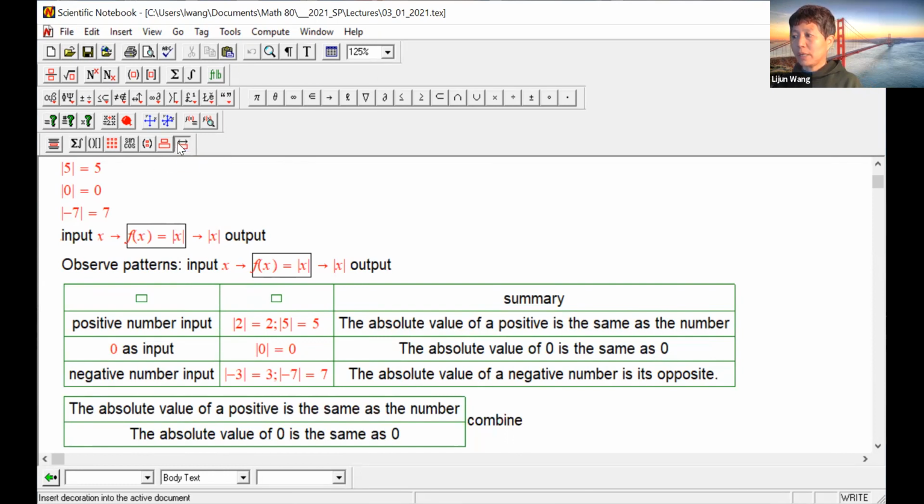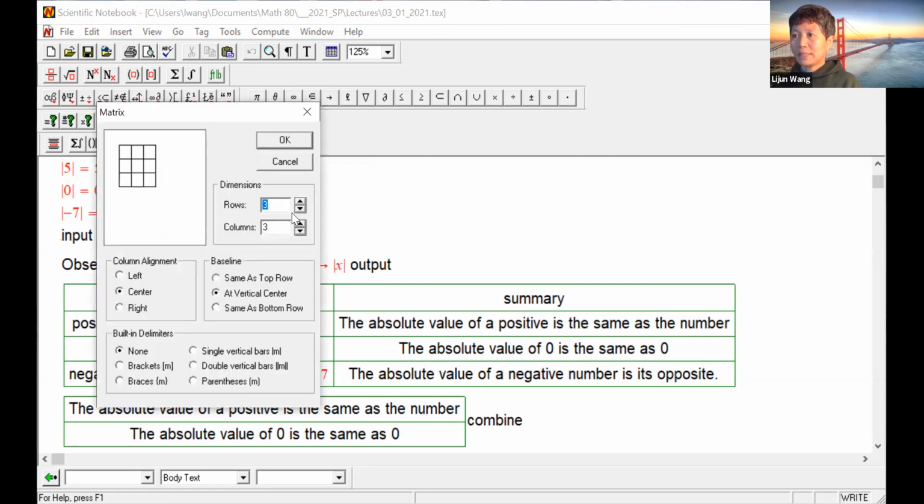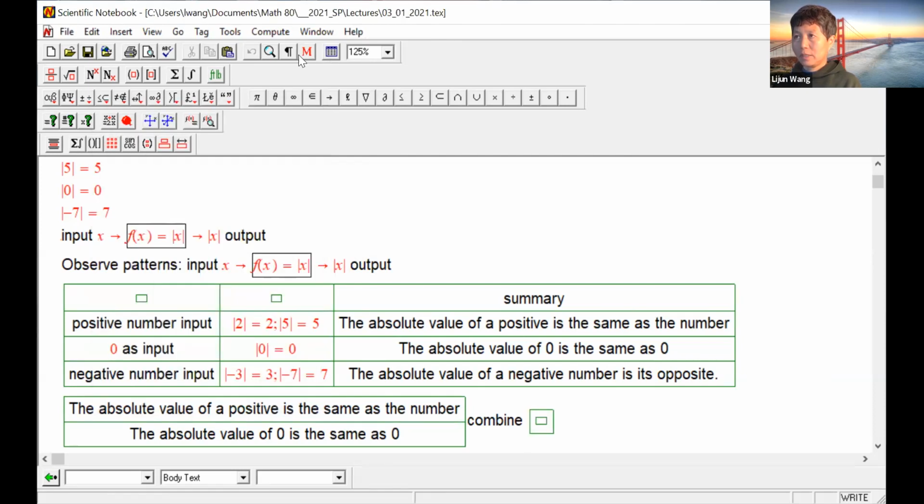Combine it into one sentence. That one sentence is the absolute value of a non-negative number.